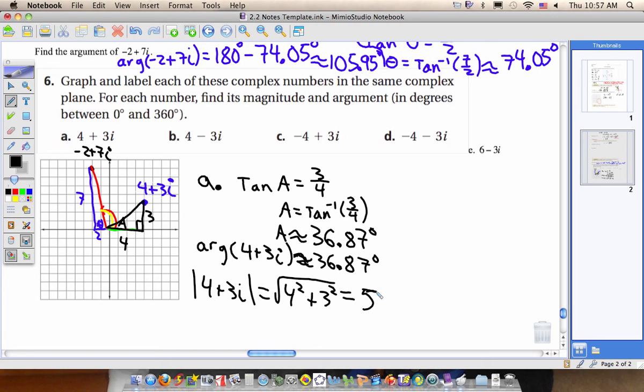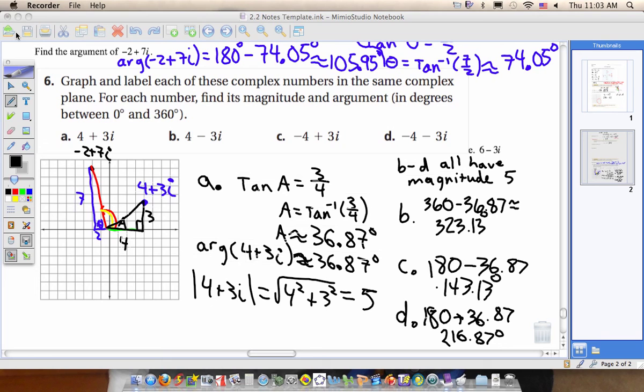That's also a Pythagorean triple. The nice thing is, if we take this 4 plus 3i and reflect it into other quadrants, we should get the same basic triangle. So we have to figure out, do we take the angle we found and subtract it from 180, add it to 180, or so on. So with your partner, figure out the magnitude and argument for B through D.